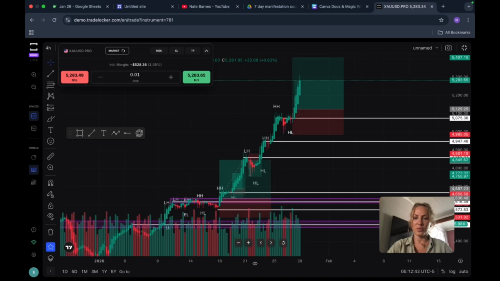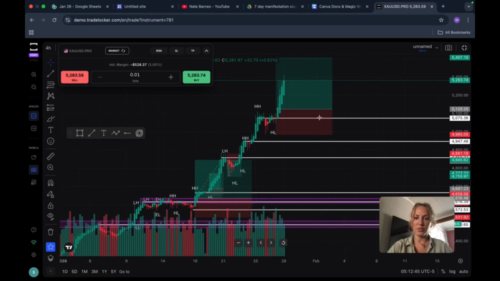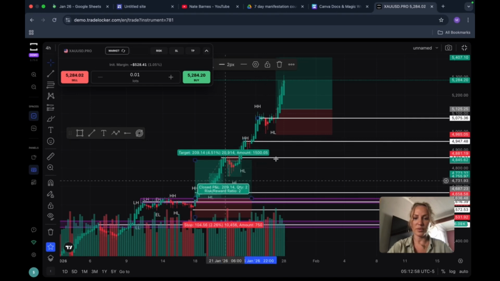What you will do is you will mark each price block, so where the price was hitting off, you see these lines.